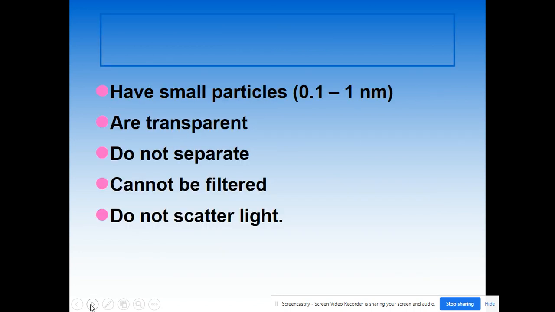Now, I just want to go over some different properties of solutions. They have very small particles. The particles in solutions will be anywhere from 0.1 to 1 nanometers. So you can't see the things that are dissolved. Because you can't see them, they are transparent. They do not separate.